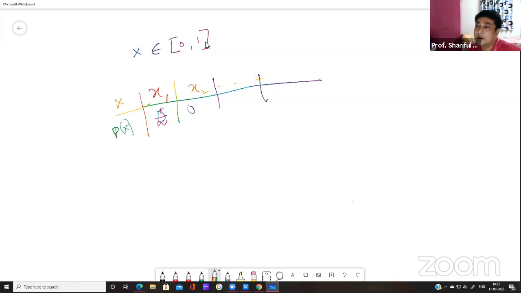Writing this kind of distribution in tabular form is meaningless. If X is a continuous random variable, all possible values of X form an uncountable set, so we cannot indicate the distribution in this way.